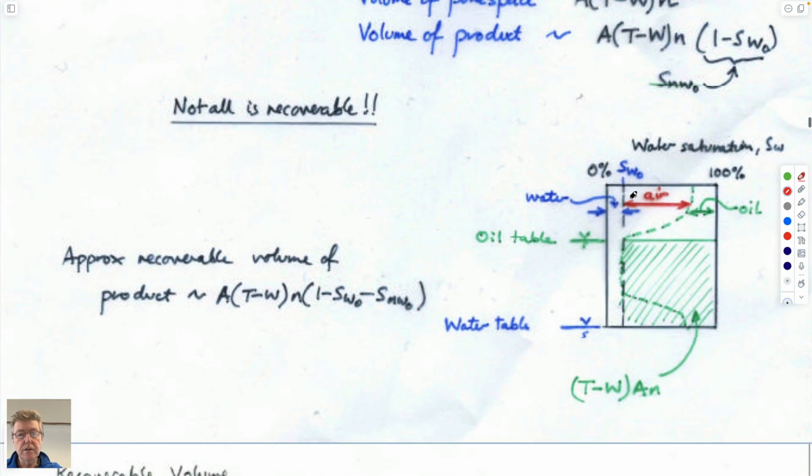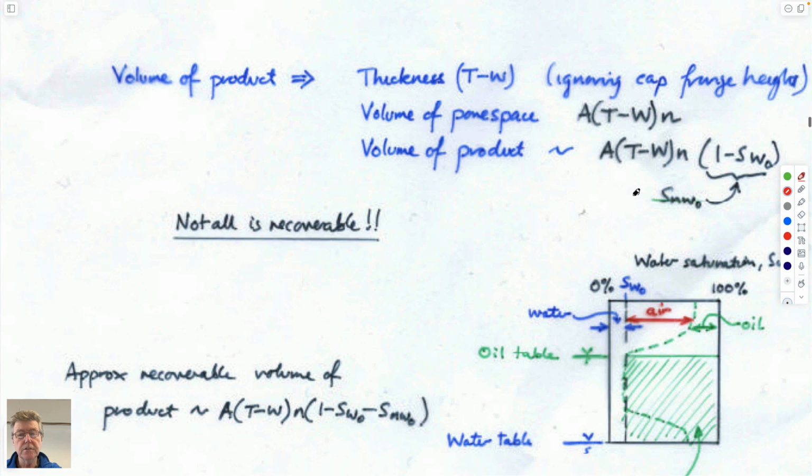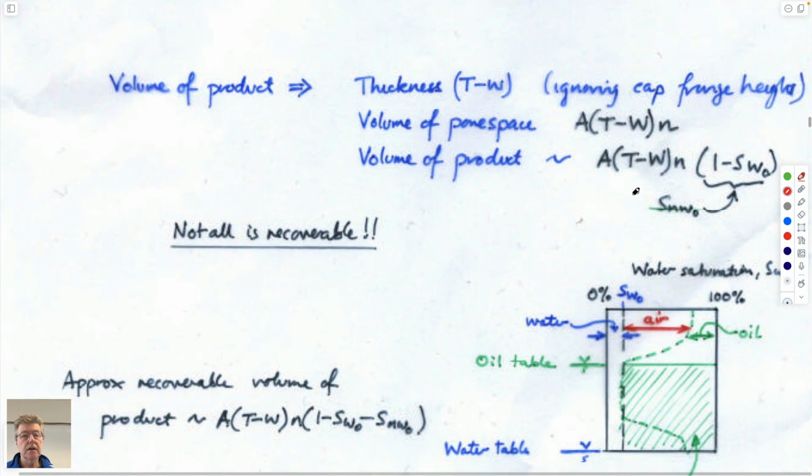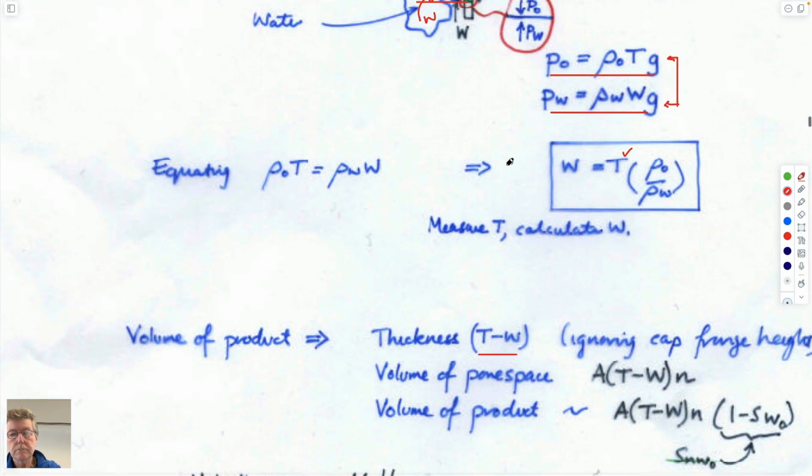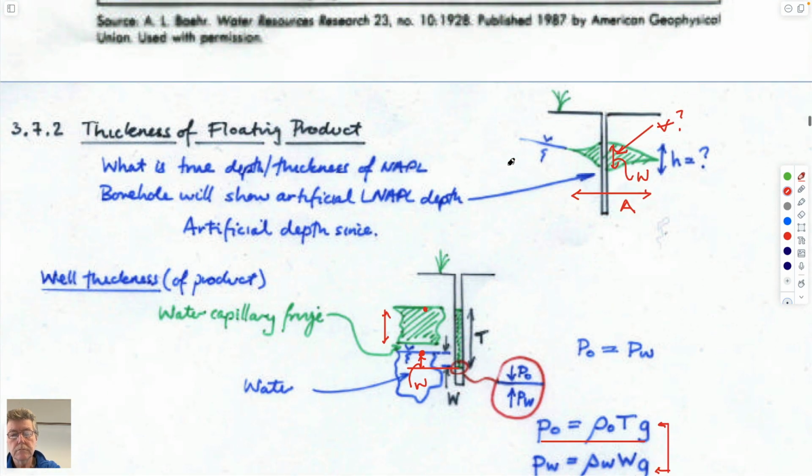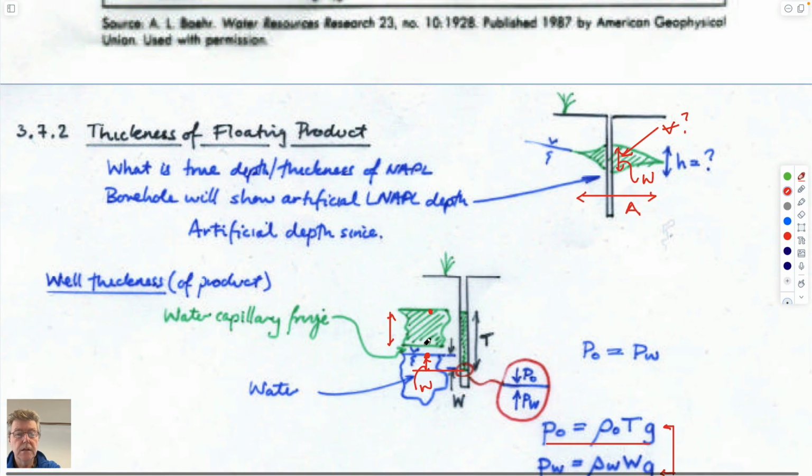And if we do that, we can use what we know about our system to calculate the thickness. The thickness is just the measured thickness minus W. Yeah. W is, that's not W.